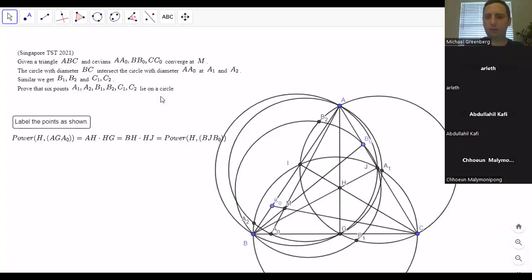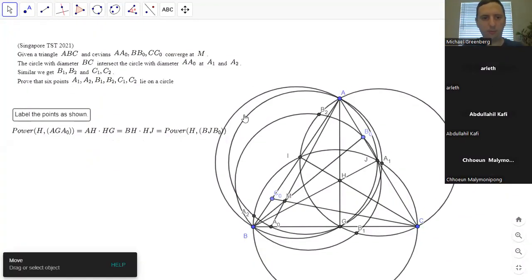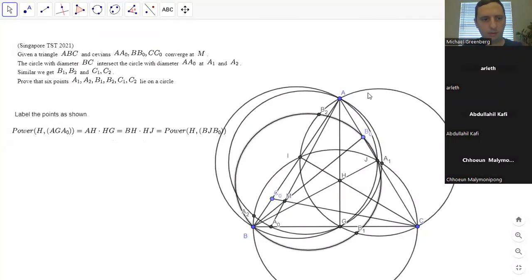So this shows that H, B1, and B2 are collinear, right? Let me see. So this circle is B J B naught, and this circle. Oh, maybe I didn't do this right. Let's see.